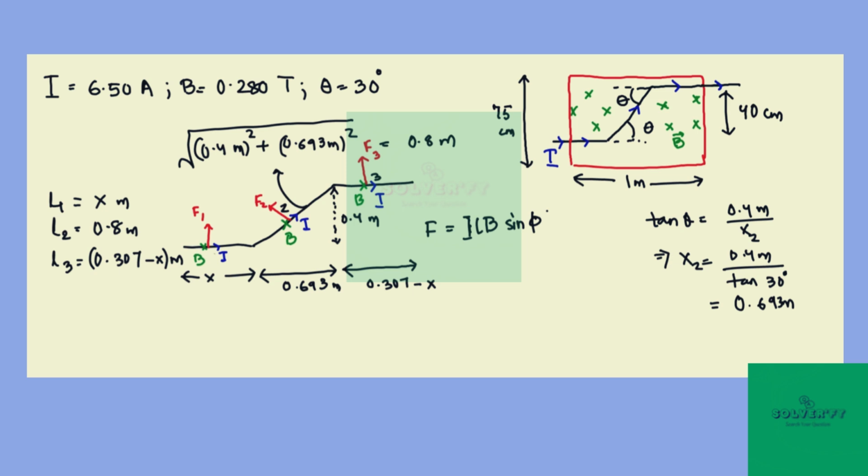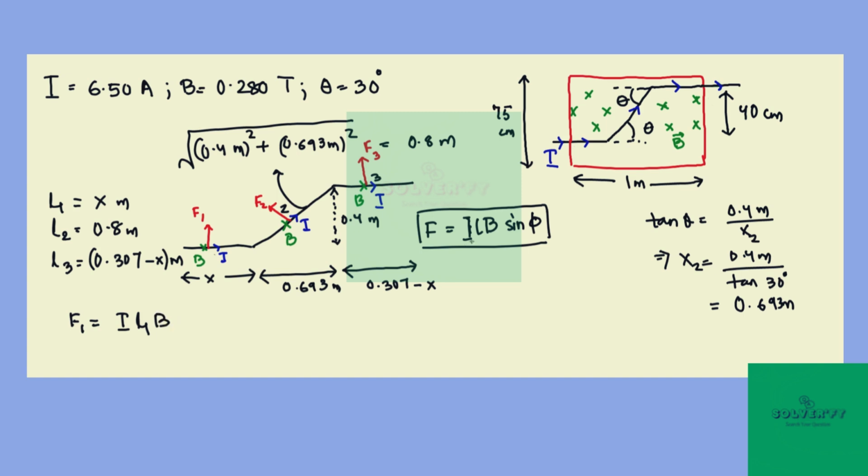Now let's find the magnitude of each of these forces. So for F1, we will follow this equation. F1 is I, which is given to be 6.5 ampere, times L. Here for L we use L1 because we are finding the force in the first segment of wire, times B, and sine phi.